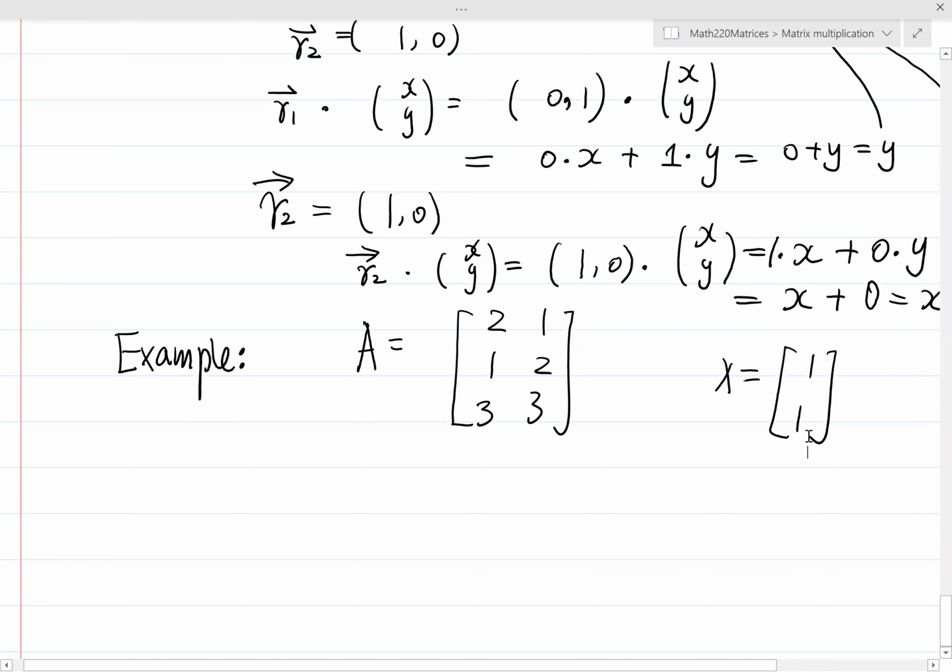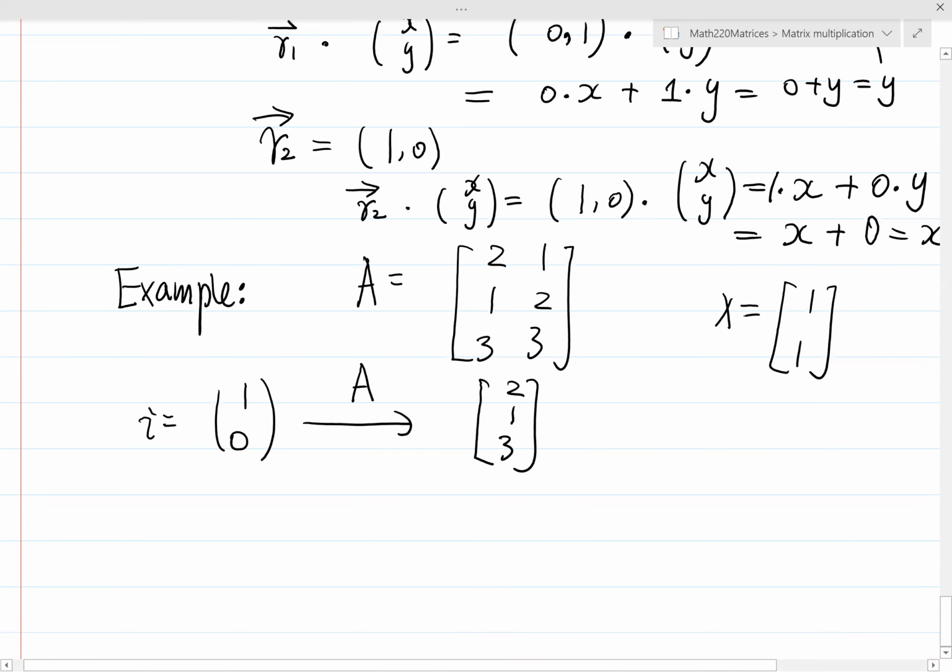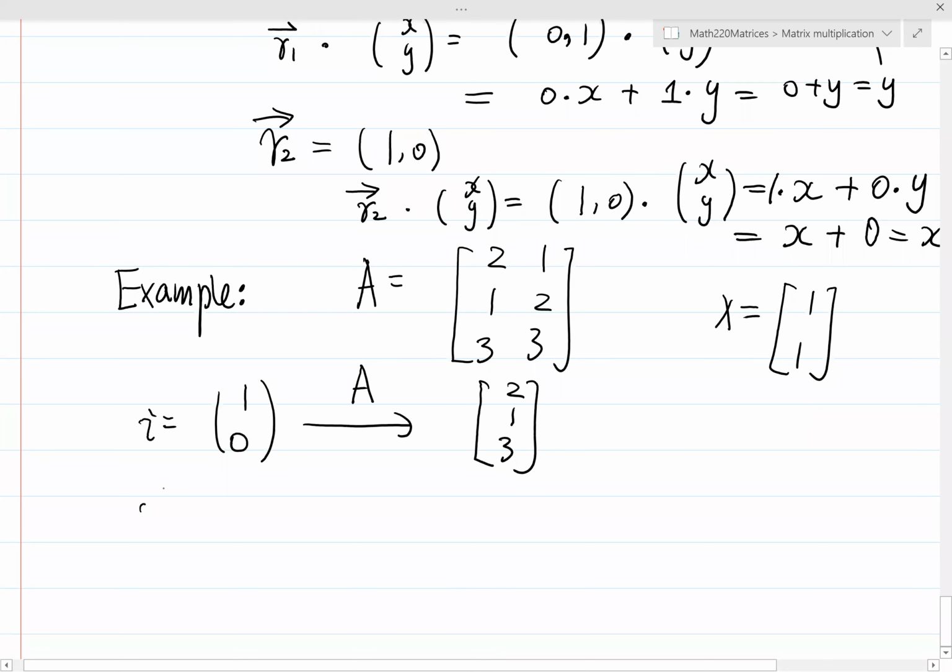So this matrix A means the first unit vector I, equal to 1, 0, under the map A, should get the first column, 2, 1, 3. Now the second component, J, is 0, 1. Under the map of A, it should get the second column.